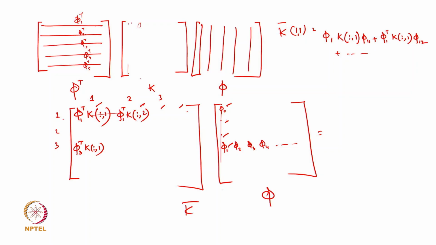So that is your K11, and now I try to calculate K12, that is the second term. If I calculate the second term, then this full thing will be this.